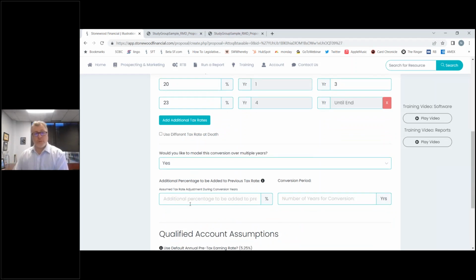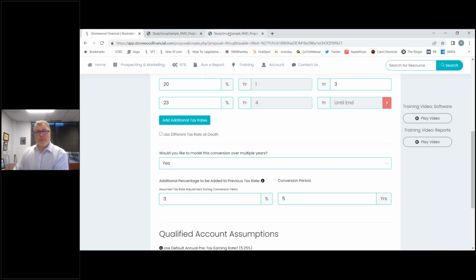It's going to add whatever number you put there to those tax rates above. So let's just say because of some tax bracket drift, I'm going to have an extra 3% added to my effective tax rate during the conversion. I put in 3%, I put in 5 years, and I hit run scenario, and that's it.